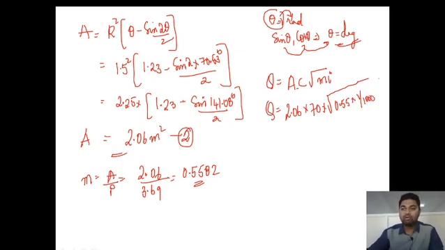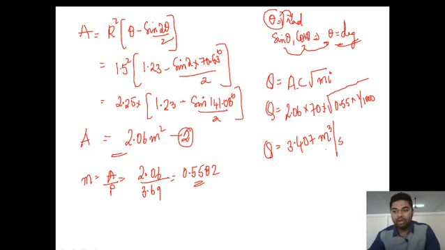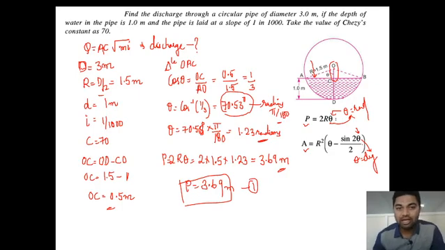On calculating, you will get the discharge through the circular channel as 3.407 meter cube per second.